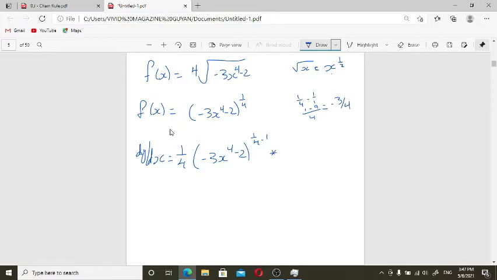So that's what that's going to be, which is going to be times inside, 4 times 3, minus 12x cubed. Now, like before, what's here is going to work with what's here. So this is 4. This is going to make this minus 3. So this is minus 3x cubed of (minus 3x to the fourth minus 2) raised to the minus 3 over 4.